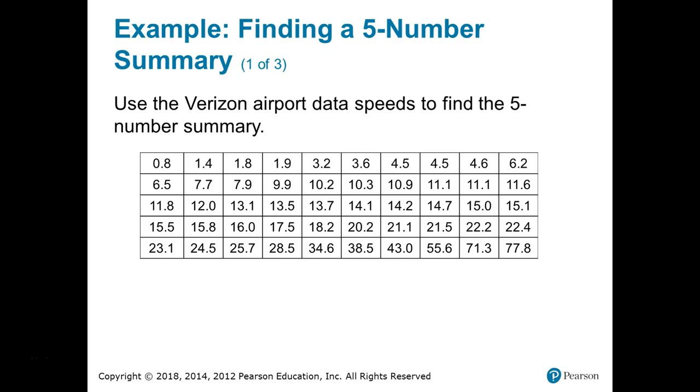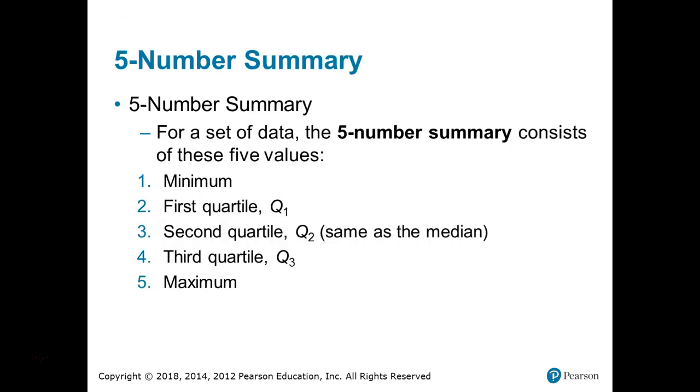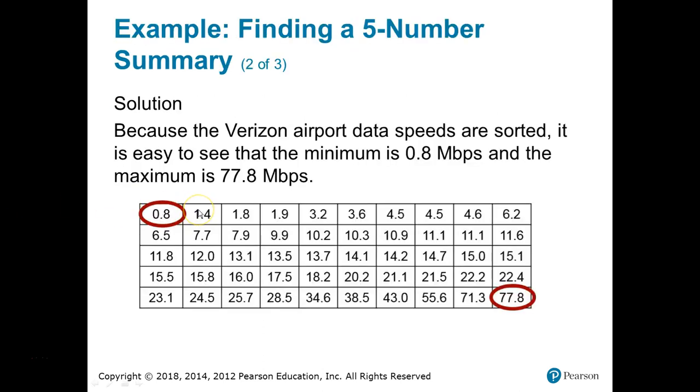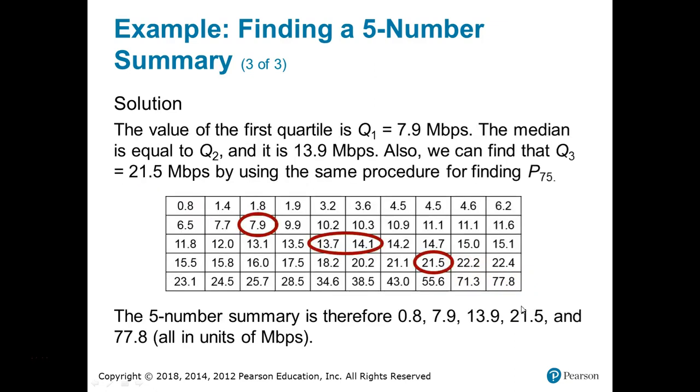Use the Verizon Airport data speeds to find the 5-number summary. They're already sorted, so that makes it easier. We need to figure out these 5 values. Min and maximum are always the easiest: minimum 0.8, maximum 77.8. Next, we have to find the quartiles. I usually do quartile 2 first since it's the easiest.